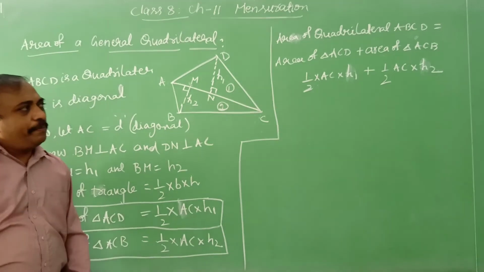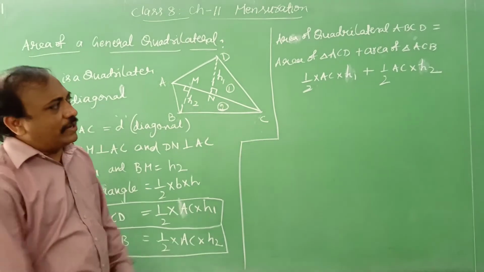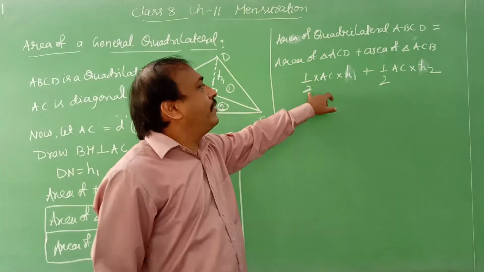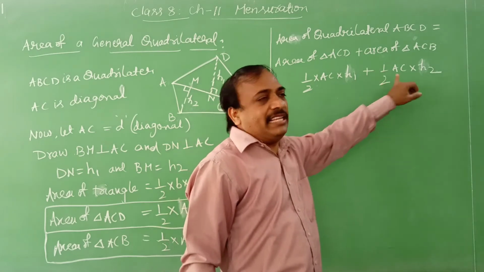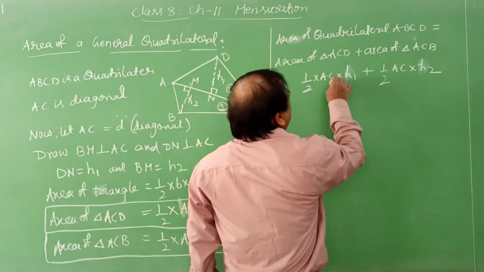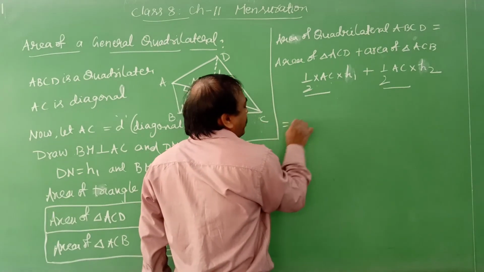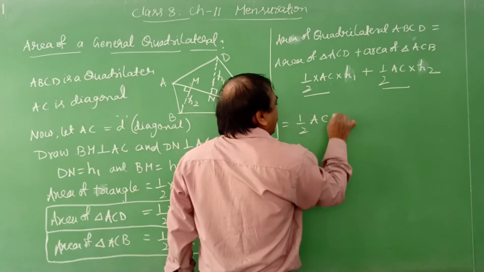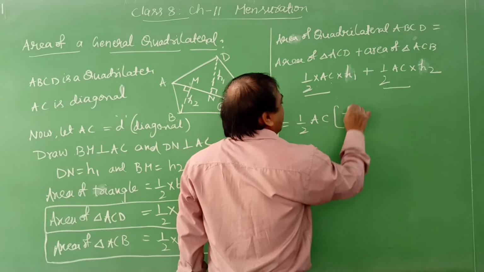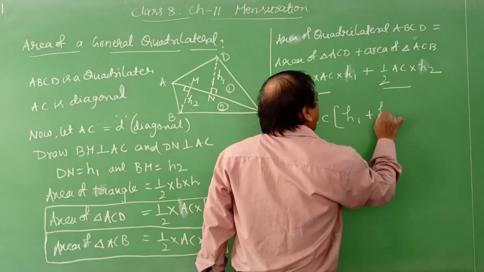Now you see in both places we have one common part: half AC and half AC. If you take out the common factor, half AC, the leftover is H1 plus H2.